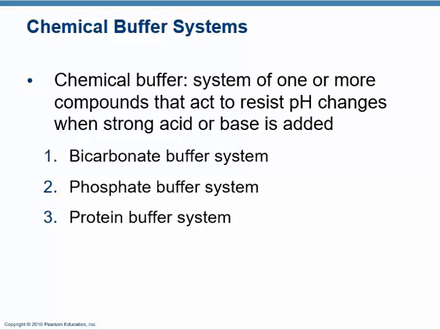So, before I get into each of these, I'm going to talk for a moment about buffering. And I'm going to use an analogy. A good analogy is your bank accounts and your income.